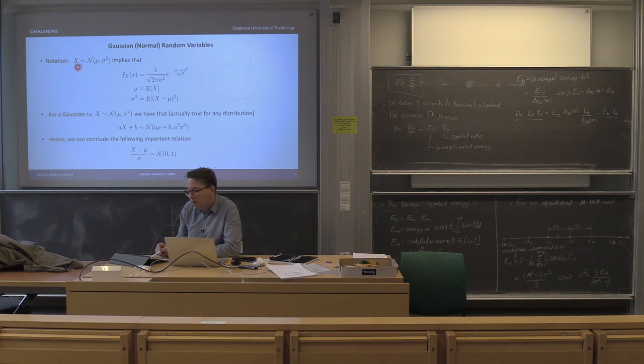It means that x is distributed according to something. And when it says N here, N stands for normal. So this is the normal distribution, or Gaussian distribution. And mu and sigma squared are the parameters of this distribution, and this is the mean or expected value, and sigma squared is the variance. So these are the definitions of this.